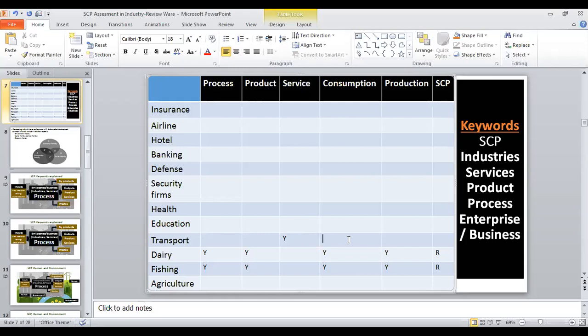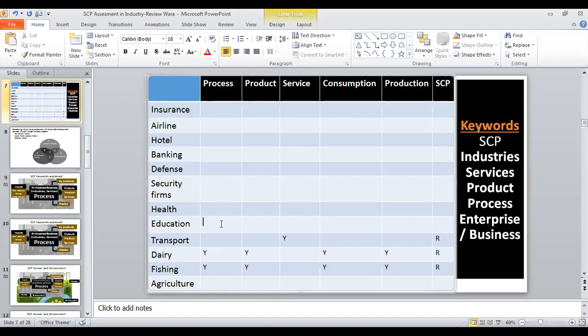So shall we say yes for consumption, thinking it is not consuming but using? But for sure there is a relevancy for its sustainability. The sustainable consumption and production aspect is there. The transport is a service, but there is a relevance.